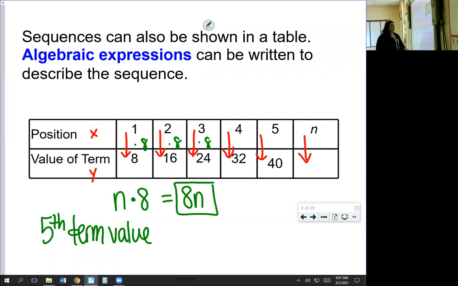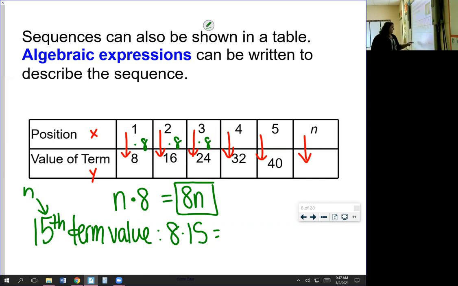Okay, that's done. What would be the 15th? So if n was in the 15th position, what would the answer be? All you would do is just do 8 times 15, and that would give me the value of that term.